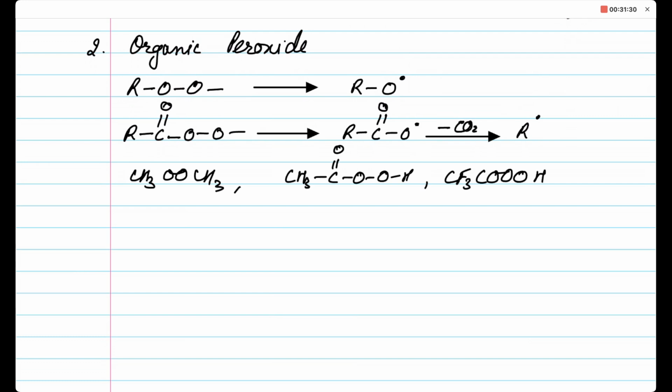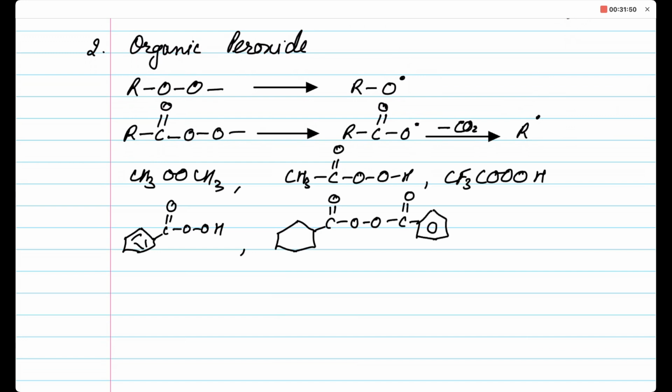This is perfluoroacetic acid. We could have a benzene ring with C double bond O, O, O, H, perbenzoic acid. We could have a benzene ring with C double bond O, O, O, C double bond O with the benzene ring again. This is benzoyl peroxide.